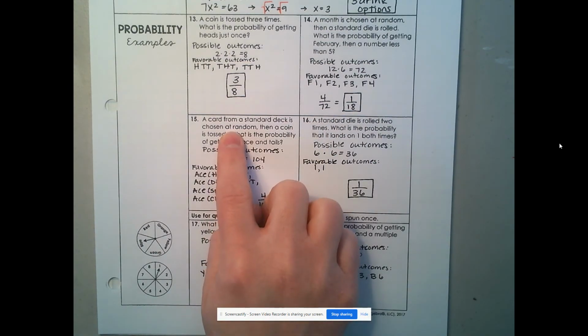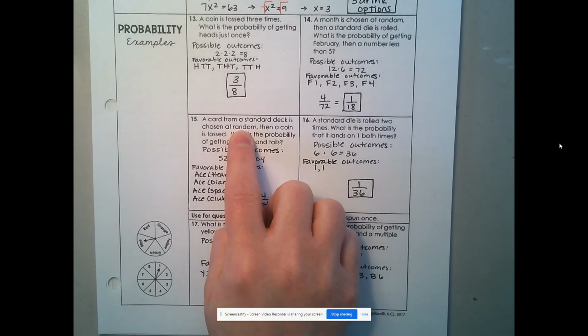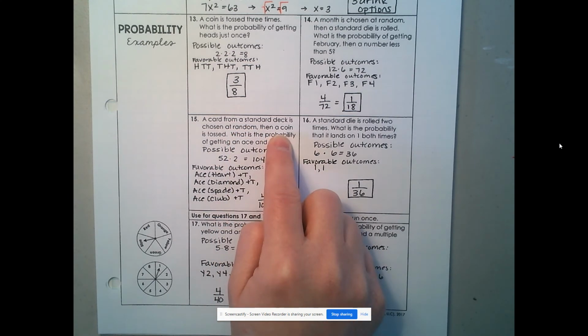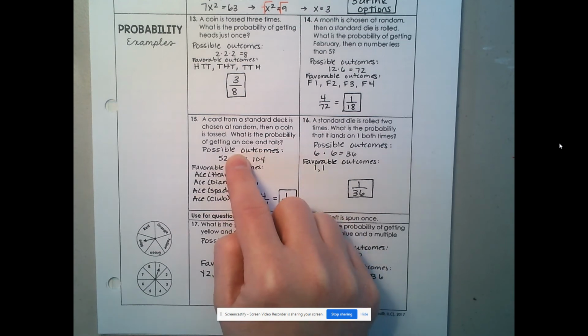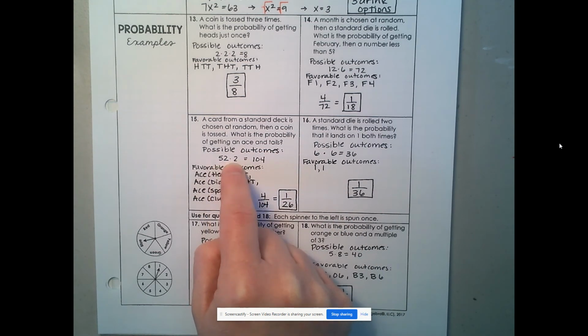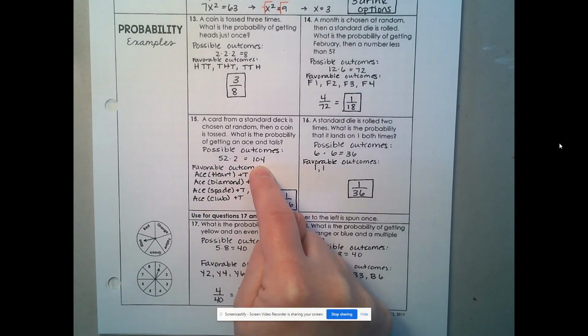Again, remember I said a card from a standard deck is chosen at random. That is information you should know. If you don't, I'm sure that it would be easy to look up what a standard deck looks like with face cards and colors and suits. So after we choose a card from a standard deck, then a coin is tossed. What's the probability of getting an ace and tails? So there are 52 cards in a deck times 2 outcomes for heads versus tails, making 104 total outcomes.